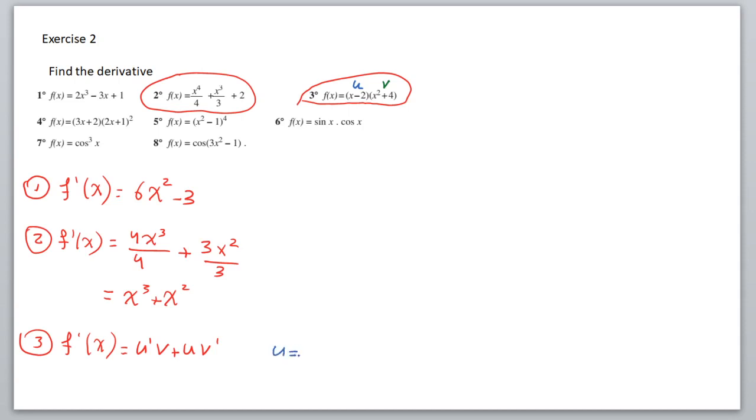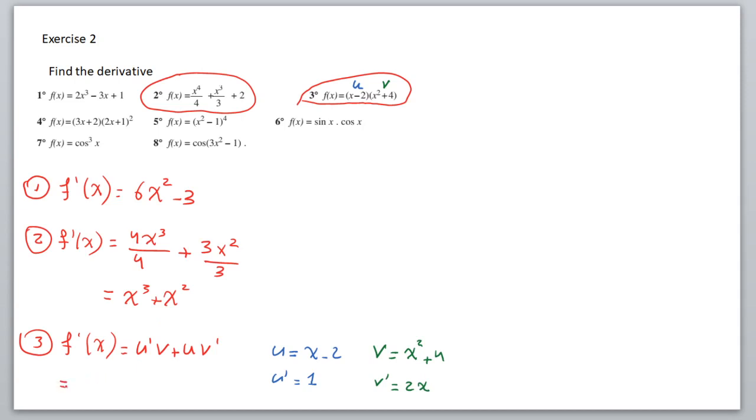So u equals x minus 2, so u prime equals 1. And v equals x squared plus 4, so v prime equals 2x. That's it. Now you apply the rule.